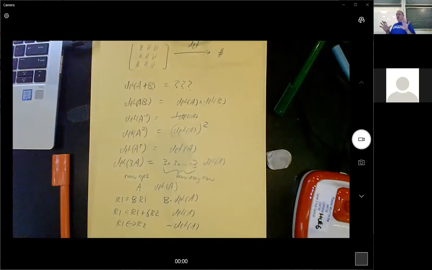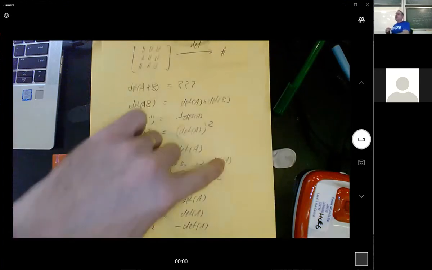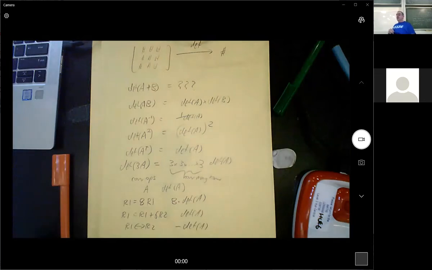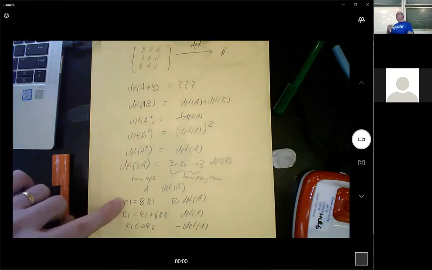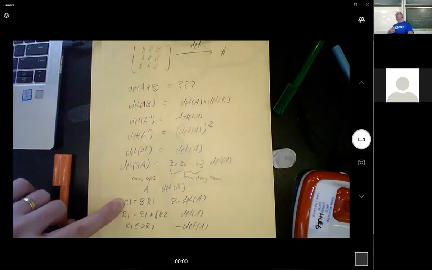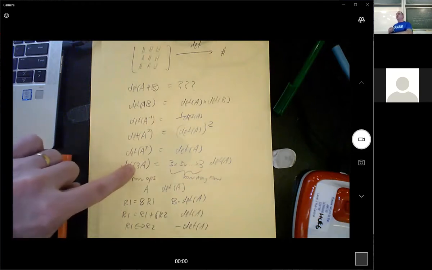How are people feeling about this list? I'm just not feeling good. This one here? Yeah. So this rule says that if you times one row by a number, you times the determinant by that number. 3A means you've timesed all the rows by 3, so you have to times it by 3 once for each row.